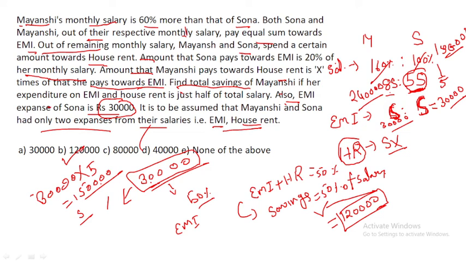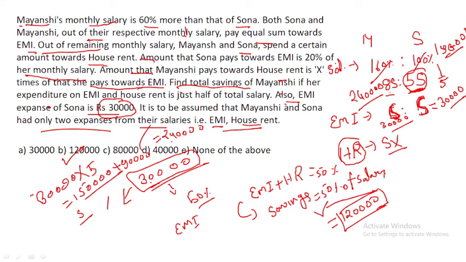If your calculation is good, then you can directly solve this question by just analyzing the data. So Mayanshi's salary is 60% more than the salary of Sona. So 60% of 1,50,000: 10% of 1,50,000 is 15,000, right? So 15,000 into 6 is 90,000. So 1,50,000 plus 90,000, you will get 2,40,000.